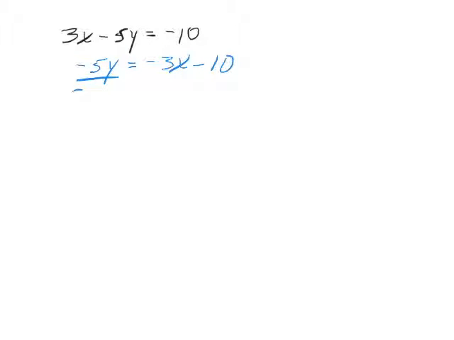Then they divide by -5, divide by -5, divide by -5, and they get y equals 3/5 x plus 2. And there you go. Not a real bad way of doing it. That's the way we're taught how to do it.